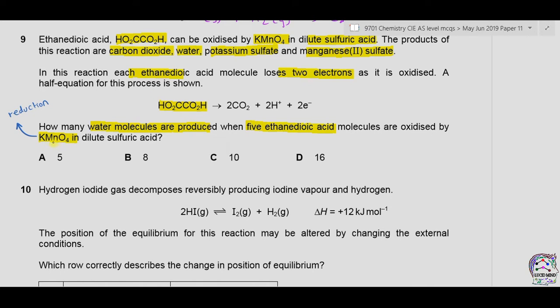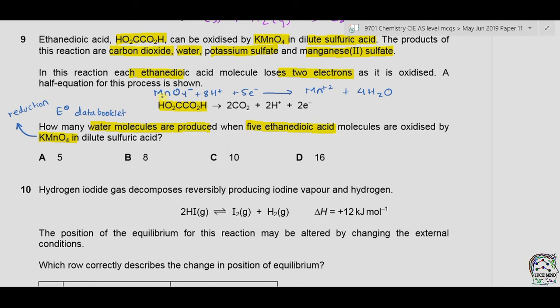Now you can find the equation for the reduction of KMnO4 in electrode potential values in the data booklet. So from the data booklet, the equation is MnO4 negative plus 8H positive plus 5 electrons converts into Mn 2 plus, which is reduction, plus 4H2O.